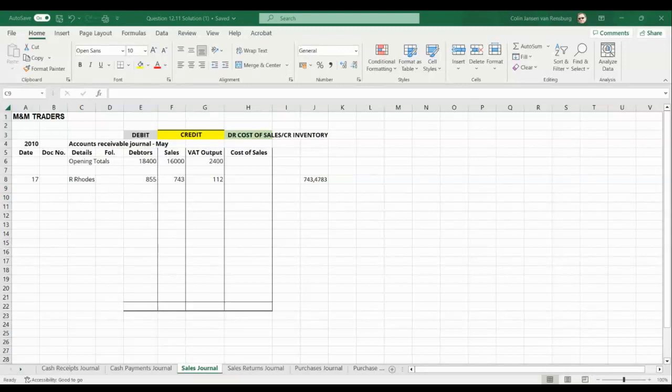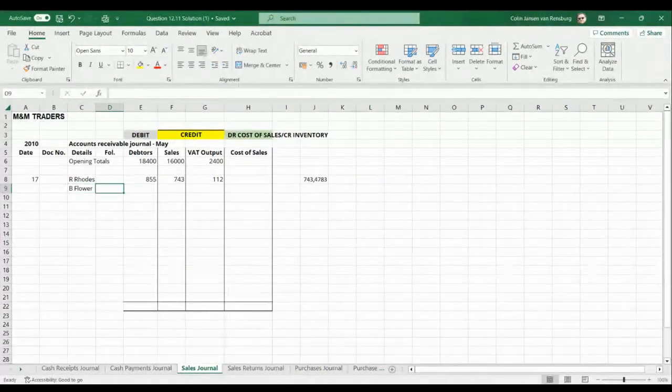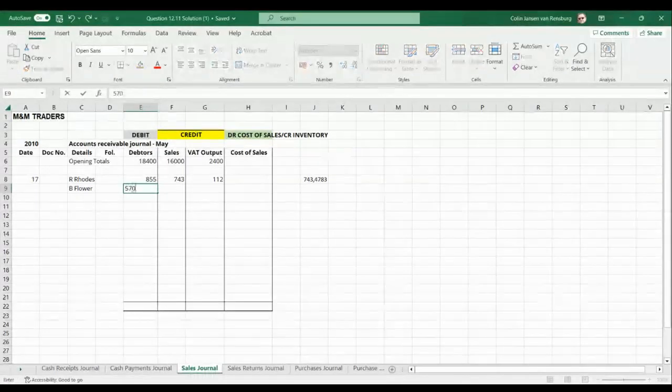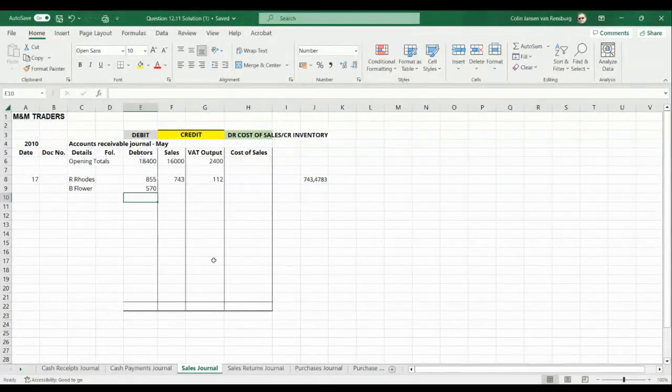That was to B Flour, 570. As you know, that is the consideration. So that is the full amount that customer must eventually pay us when they pay us.